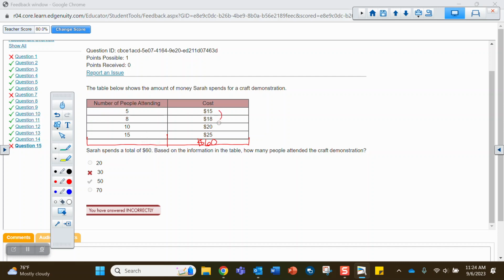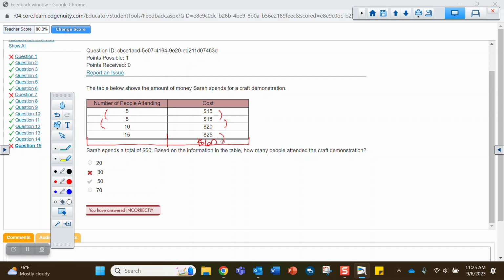So if we go up by 3 here, we go up by 3 here, that gives me a rate of change of 1. If we go up by 2 on the left, we go up by 2 on the right. That's another rate of change of 1. And you can do it from 25 to 60, you can do it from 15 to 60, it doesn't matter, but it will work every time.